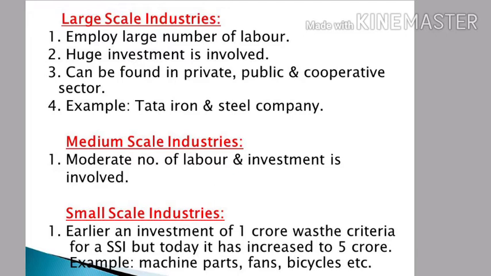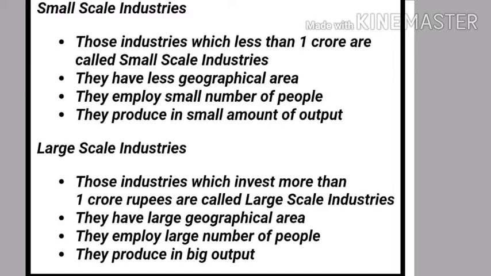These industries require small capital investment on plant and machineries, and many types of manufacturing or food processing, low skilled cloth manufacturing, and a few electronic things also come in the small scale industries.